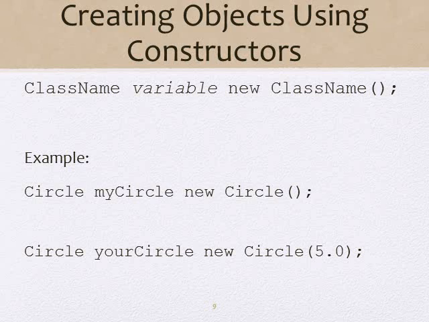The first uses the no-arg constructor, and the second uses the constructor that is expecting a double to be passed to it. The point to remember is that my circle and your circle are reference variables. They point to some place in memory where the objects and their properties exist.